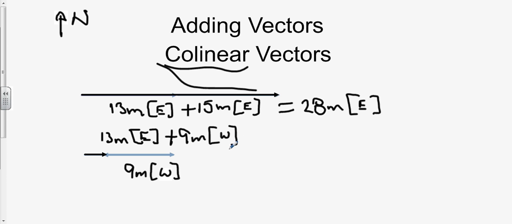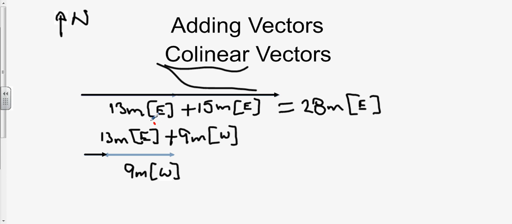Now I can't simply add these two together. It doesn't make sense. I know my resultant needs to be a small value. So let's think this through. You've got 13 meters east plus 9 meters west. So my resultant here, oh, well, let's think this through. These are not the same. Notice that, and this is one of those critical little details.